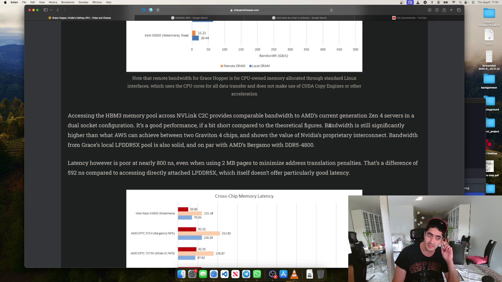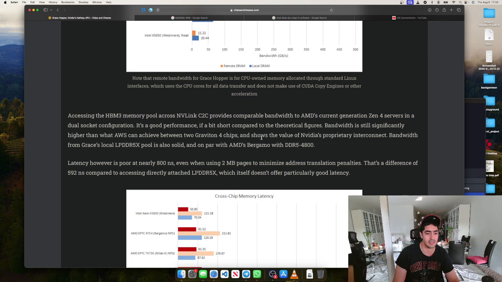Bandwidth is still significantly higher than what AWS can achieve between two Graviton 4 chips, and shows the value of Nvidia's proprietary interconnect. Bandwidth from Grace's local LPDDR5X pool is also solid, and on par with AMD's Bergamo with DDR5-4800.